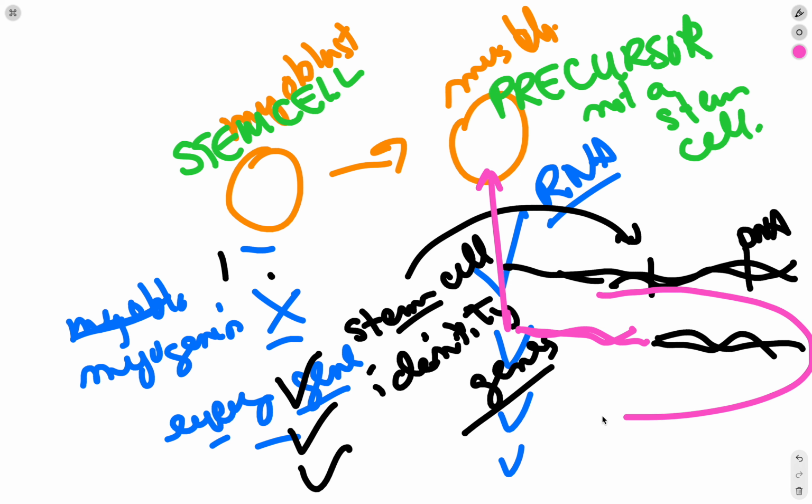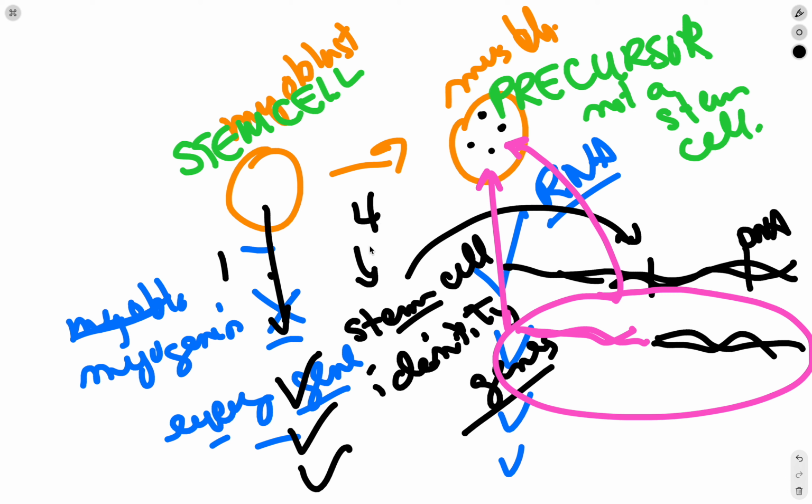And then he would put this transgene into this cell, and that would lead to the expression of that stem cell identity gene here. And Yamanaka did that for several of the genes that they found were expressed in stem cells, and they found that if they expressed as few as 4 of the stem cell identity genes, they could turn this precursor cell or any other cell into a stem cell.